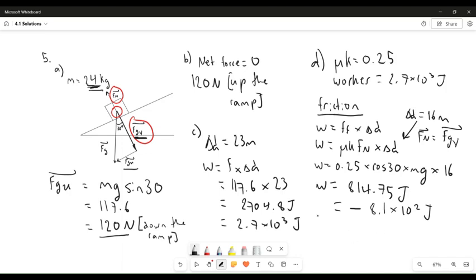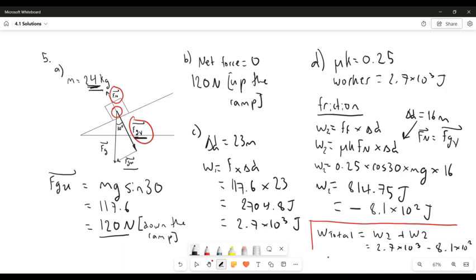And then the final part of that question, of part D, is asking to find the total work in the system. So the total work is simply equal to, we'll call this work 1, and we'll call this one work 2, simply equal to work 1 plus work 2, which is 2.7 times 10 to the power of 3 minus 8.1 times 10 to the power of 2.